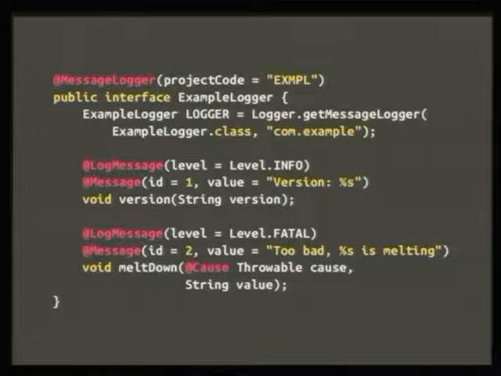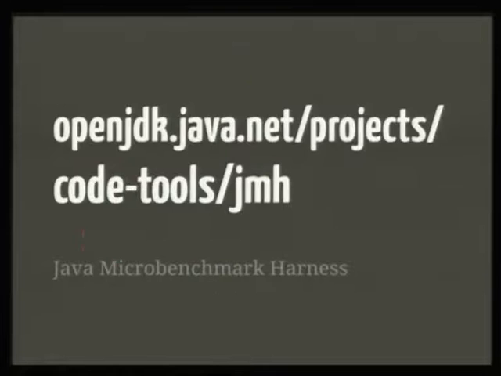It's got a level, an ID, if you have to do log message IDs, and you can also translate these messages using properties files. And at runtime, you will use that logger declared at the top to log messages using these methods. So this one is pretty nice.